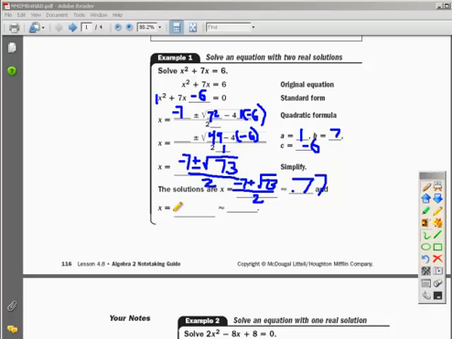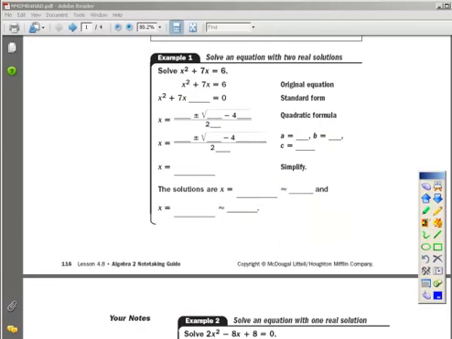But the other one is x equals negative 7 minus, because it's plus or minus, the square root of 73 all over 2, which if I put that in my calculator, I end up with negative 7.77. All right? That's how you do those, and there's a lot of different reasons why I did it in the order I did, and I'll be able to show you that as we go here.